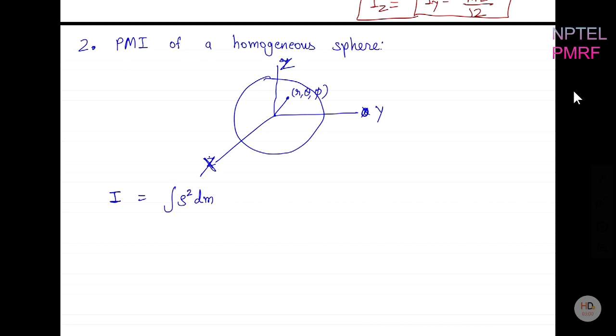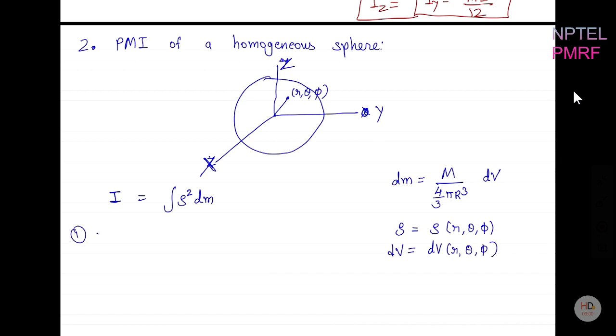And dm is the density, which is m by 4 by 3 pi r cube, times the volume element dv. Okay, so we need to figure out one thing, which is rho as a function of r, theta and phi, and dv as a function of r, theta and phi, right?